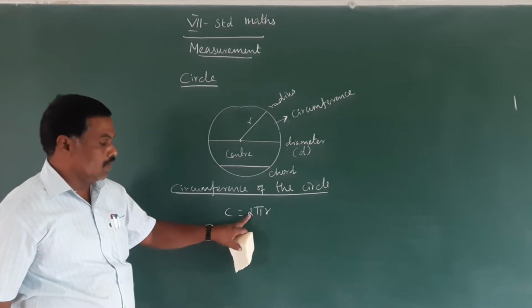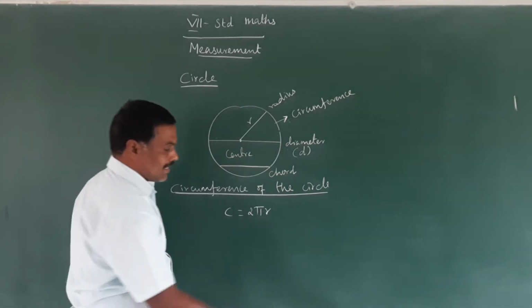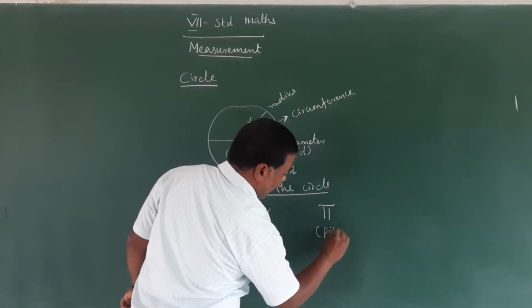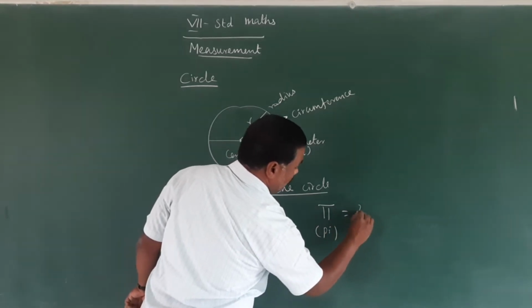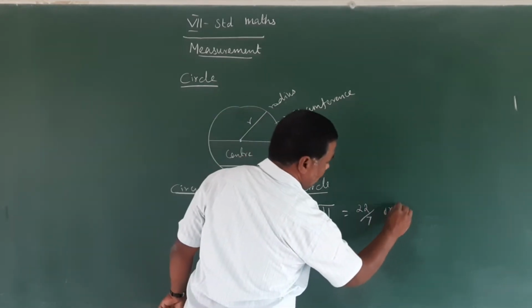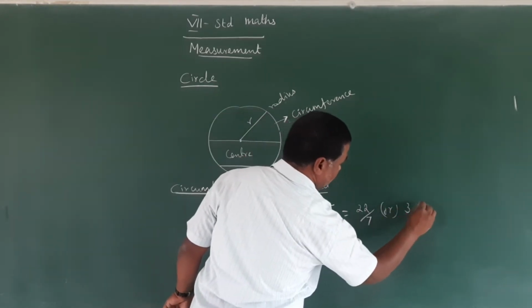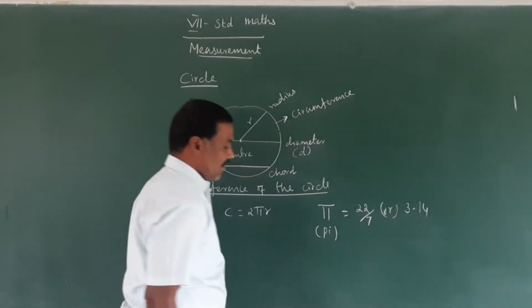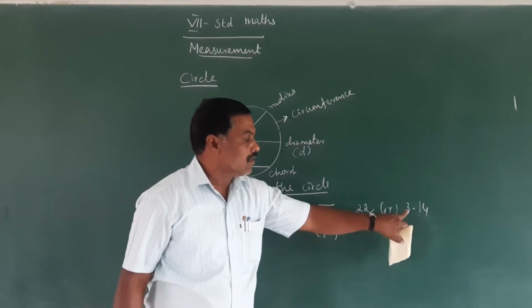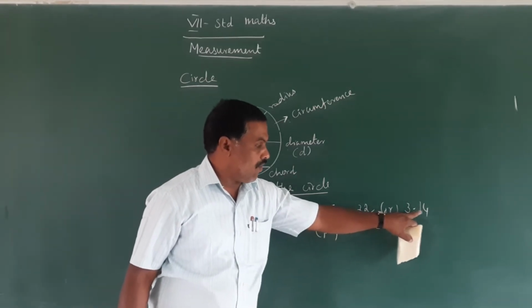2 is a constant value. Pi is a constant. The value of pi is 22 divided by 7, or 3.14.